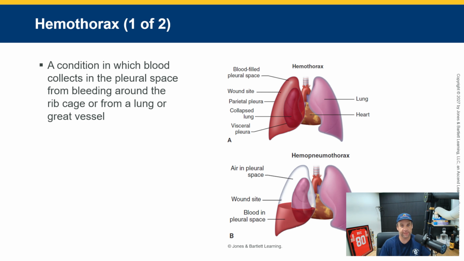Now, the other issue is that blood has left the circulatory system, right? So the patient is developing hypovolemia and shock, even though very little blood is actually coming out externally. Right. So this combination makes a hemothorax very dangerous.